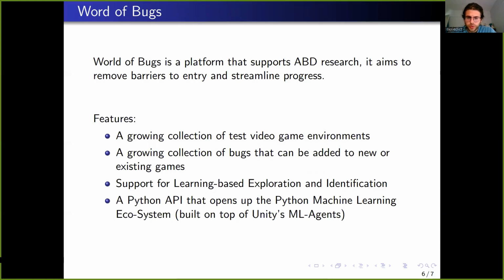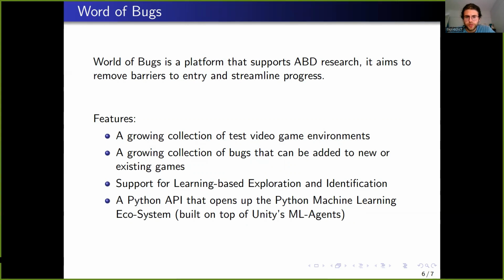It also has support for learning-based exploration and identification. So we've got a system for labeling different kinds of bugs, and this Python API that is based on top of Unity's ML agents package, which lets you connect to the Python machine learning ecosystem.